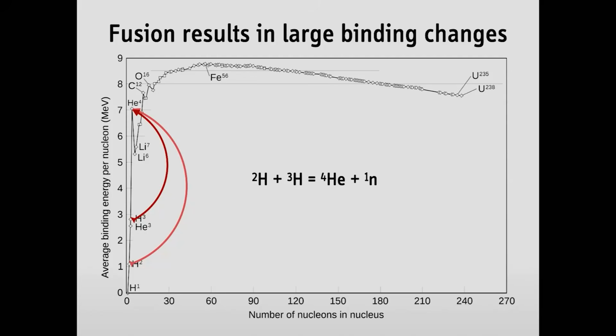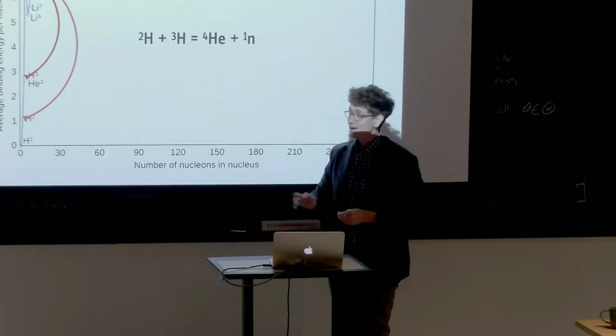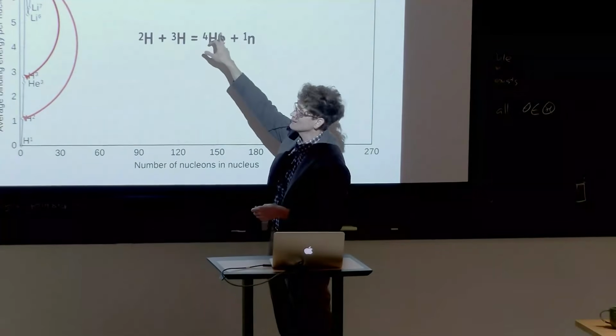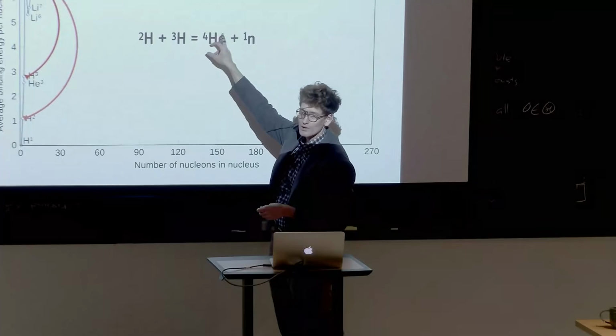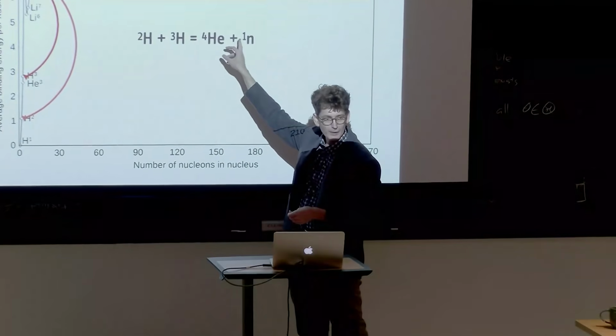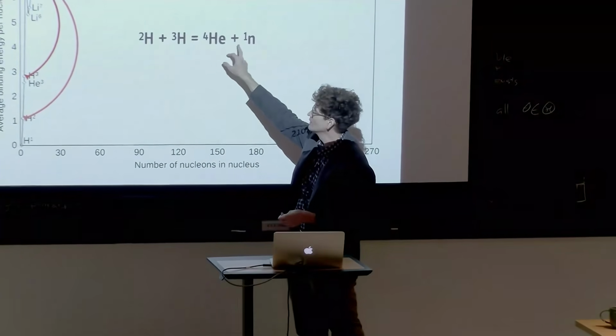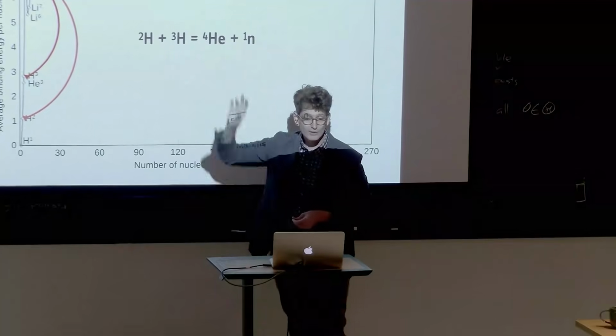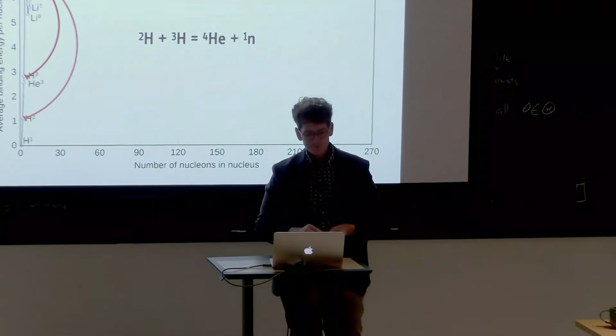So when you put these together, you get 2 protons and 3 neutrons. And 2 protons means you get helium. And one of those neutrons will not bind. It comes out as a free neutron. And so you get helium-4 and a free neutron.